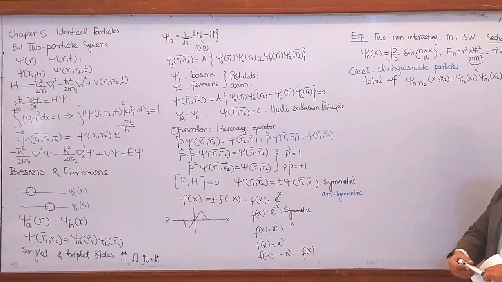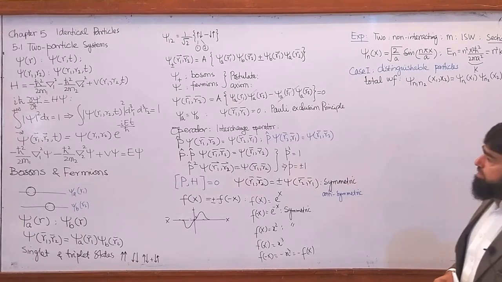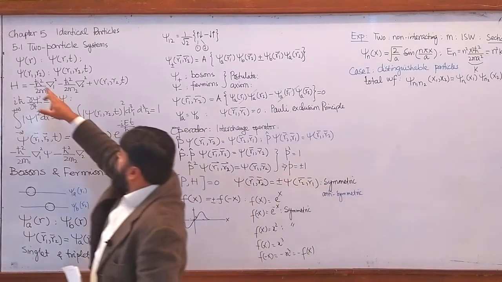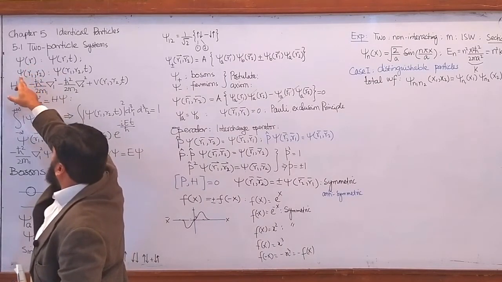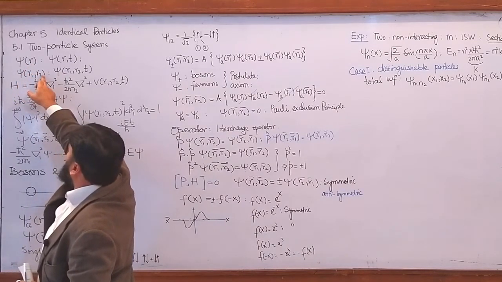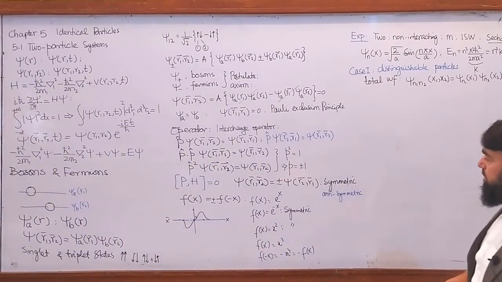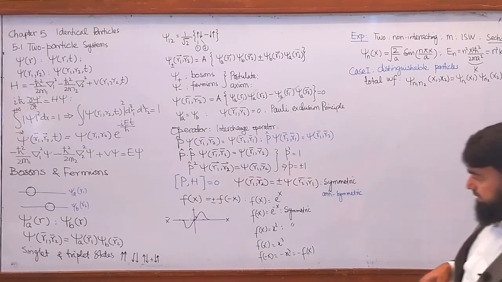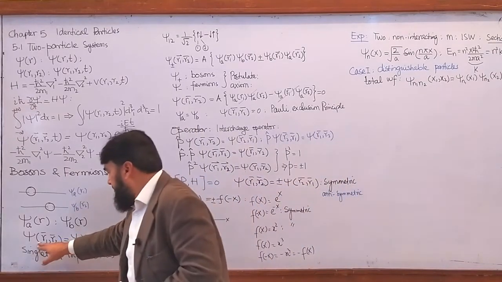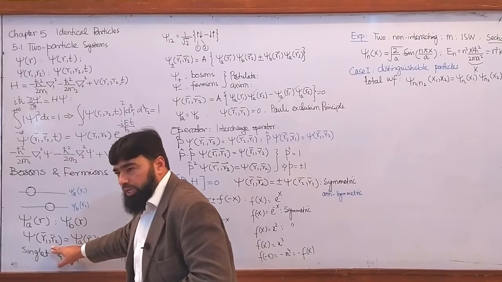You remember, we have said that I can write this as r1 and r2. If I want to write psi(r1, r2), then it will be the multiplication of the two states. I have written it here, yes, here. Psi(r1, r2), now I am having x1, x2.